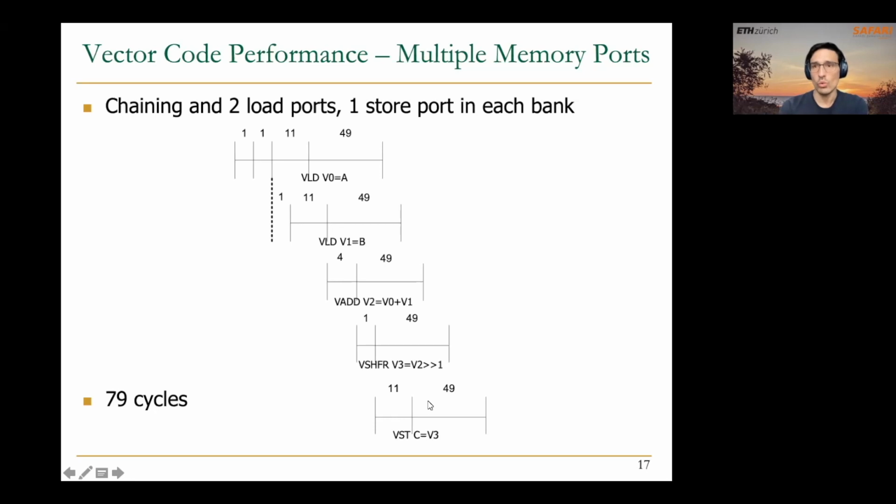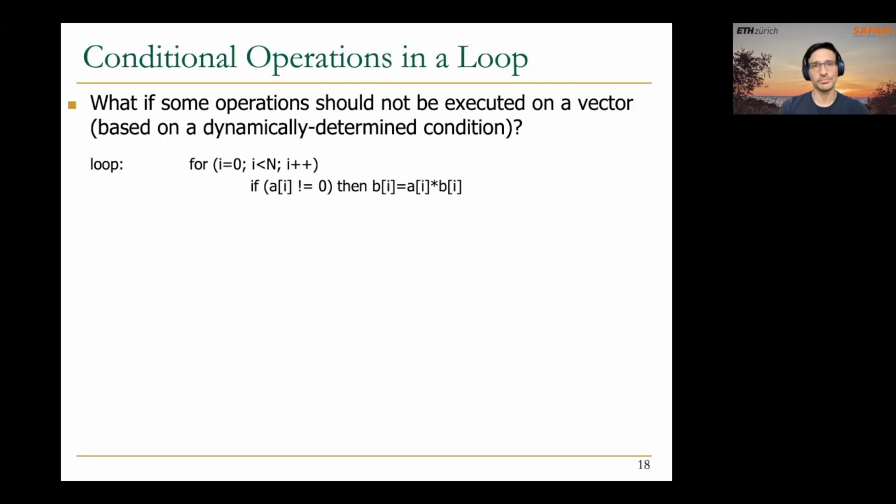In this case, we managed to reduce the execution time to 79 cycles. So if you compare to the amount of time that we would need to execute the same code on a sequential machine, you would see a performance improvement of 19 times in this toy example that we are providing.